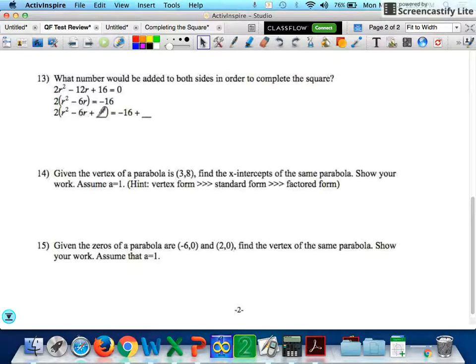Now we've got to figure out what do we add into these blanks to complete the square. Well, you have to know that on this left side, we're looking for negative b over 2, or -6 over 2, quantity squared. Well, that's -3 quantity squared, which is 9. So I know that that 9 goes in the blank. But I have to balance my weights.